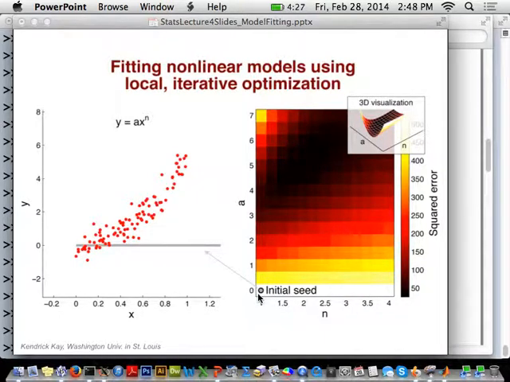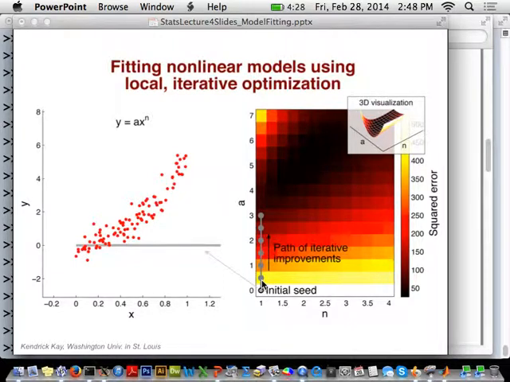We're going to poke around and see which direction will allow us to decrease our error. As you can see, if we move to the right, the error is pretty much the same. It's all white colored here, so that's not going to help us. Whereas if we move up, we get into yellow. That's good, because we're decreasing the error here. So we might imagine after we iterate a couple times, so iterate just means you do it once and you do it again and again, we might find this kind of path.